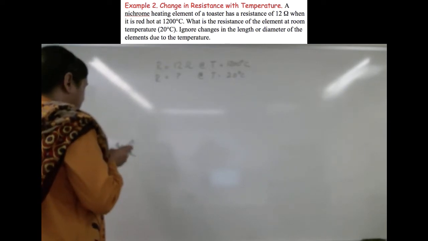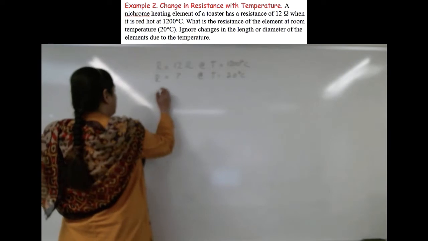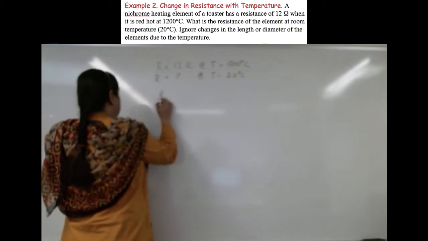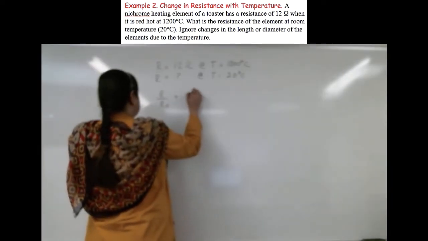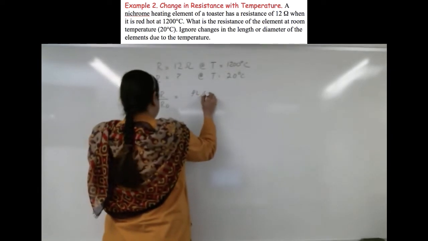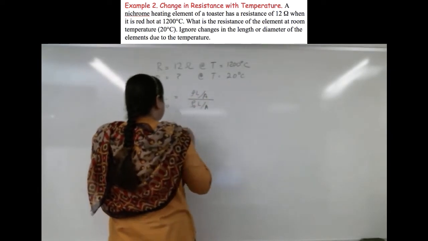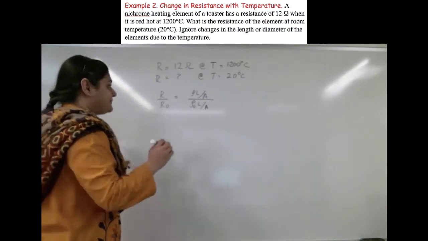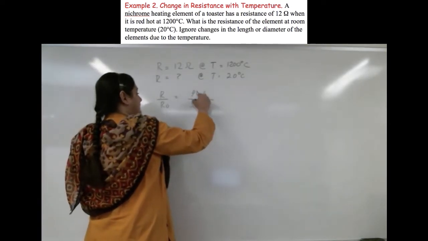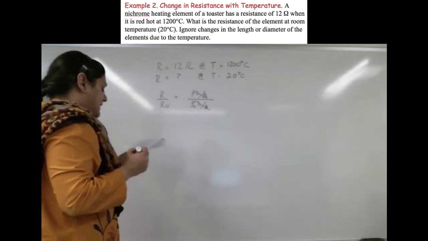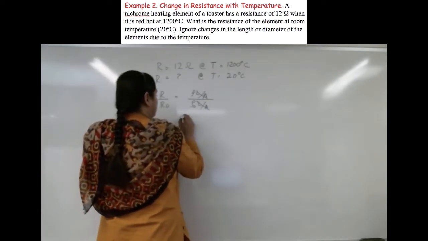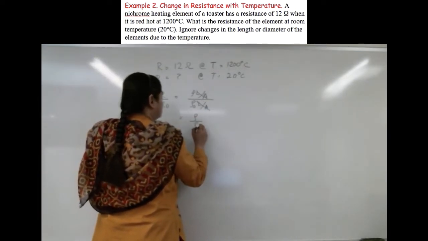So I can pretty much say that R over R naught will be equal to rho L over A divided by rho naught L over A. Now the question gives me that L over A does not change. This means I'm left with rho over rho naught.